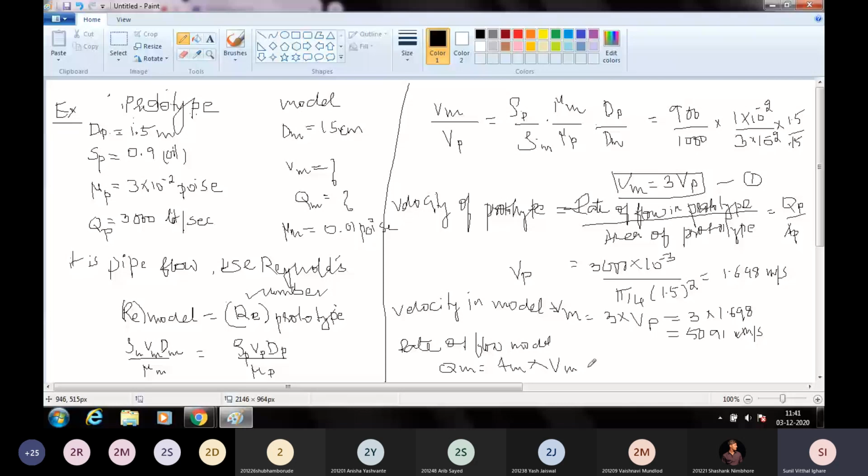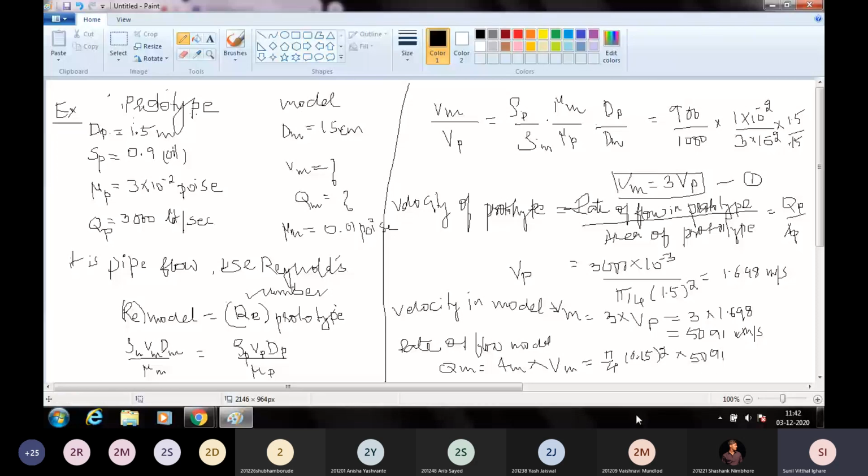If you put all the values here, pi by 4 multiplied by area of the model, 0.15 centimeter square, converted into meter, multiplied by Vm, that is 5.091.